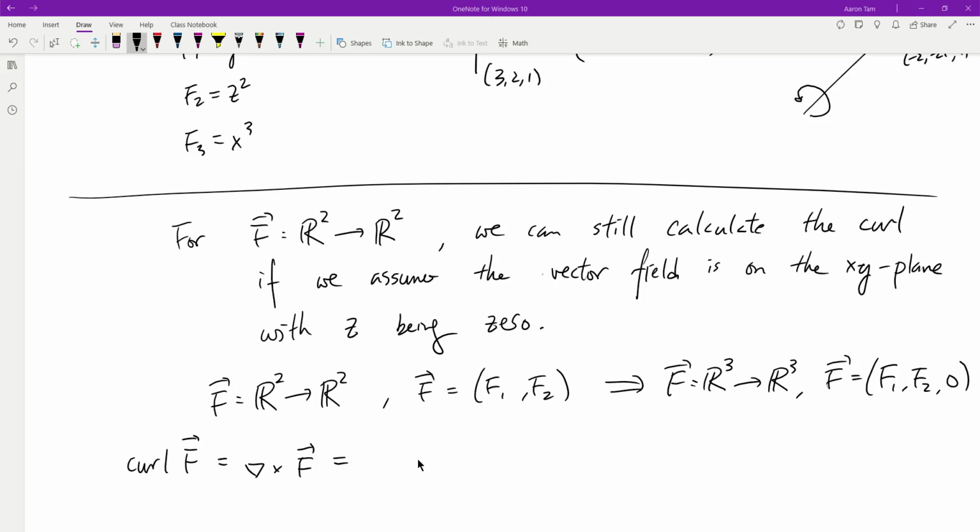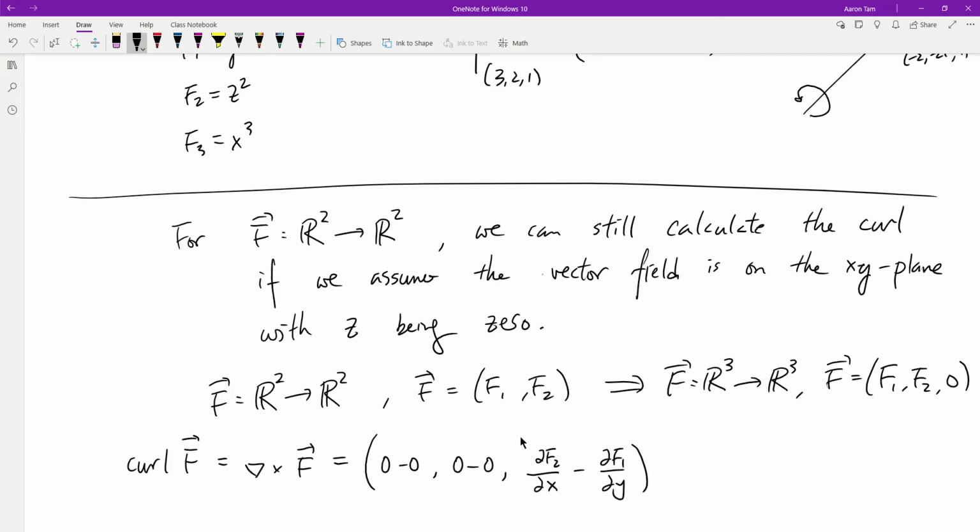And because neither f1 nor f2 depends on z, since they are functions that go from R2 to R2 and therefore don't have a z in them, the partial derivative with respect to z would also come out to be 0. Therefore our curl becomes 0 minus 0, 0 minus 0, and then df2 over dx minus df1 over dy.